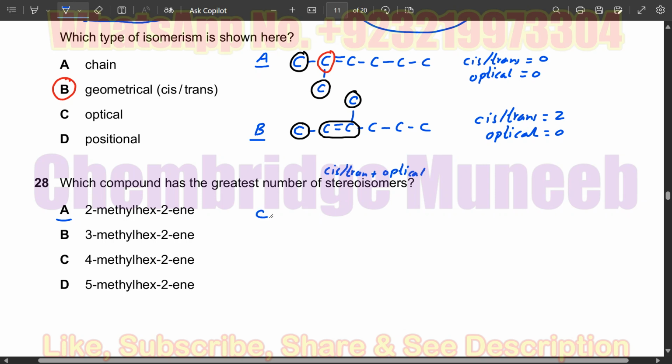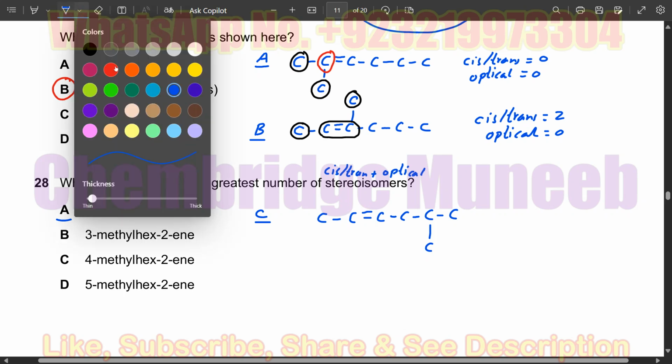Then compound C, 4-methyl. So again, for option C, I will link 6 carbon atoms. After that, we must have a methyl on the 4th position, a methyl group over here, and a double bond on position number 2. So in this case, 4-methylhexene.